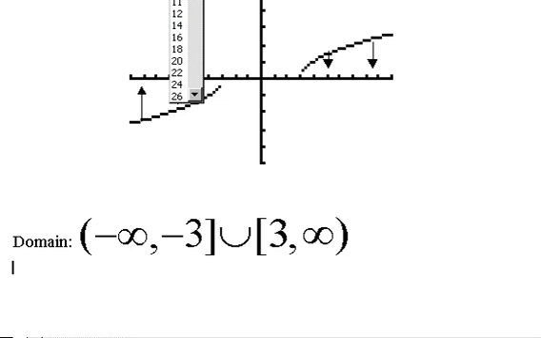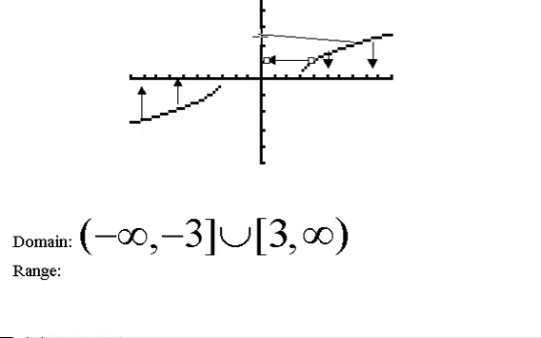Now the range, if we look, is going to mean that we take the graph, all these values come over here to the y-axis, and you see, or you should see, that every y value is going to be taken care of.